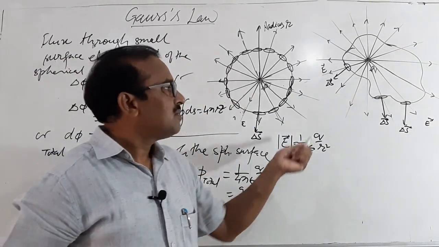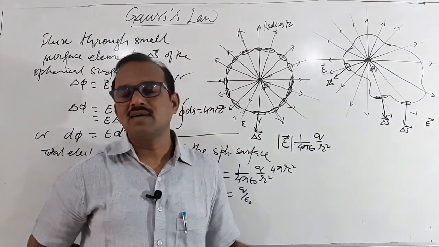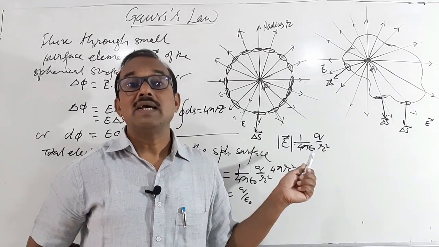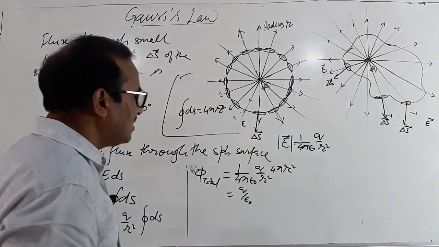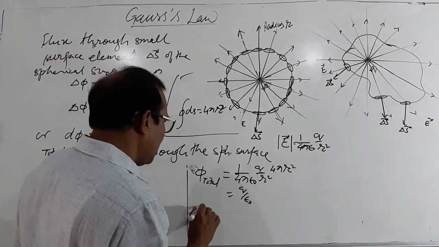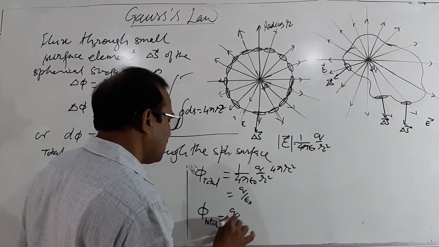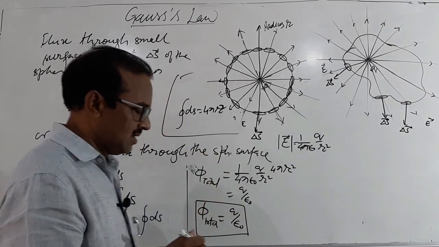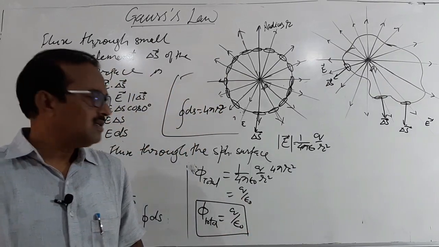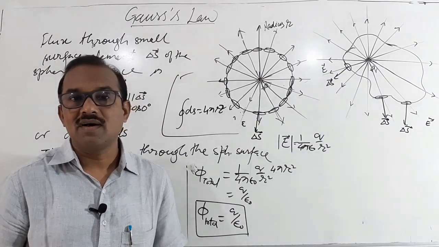Epsilon naught appears because the charge is kept in vacuum, in free space. So phi total equals Q upon epsilon naught. This is a very important result, and this is actually Gauss law.